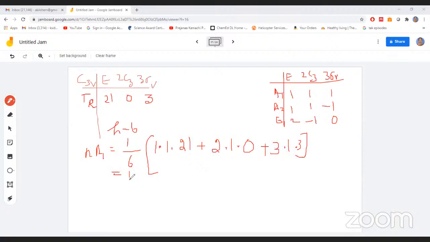Okay, so 1 by 6 into 21 plus 0 plus 9. 30 divided by 6 is equal to 10. So 5 A1 is there.